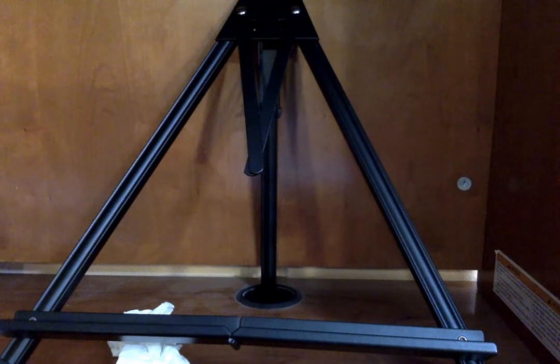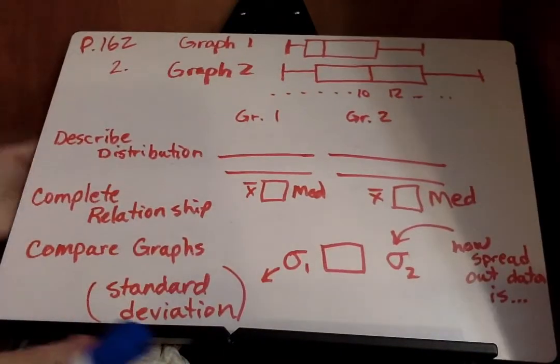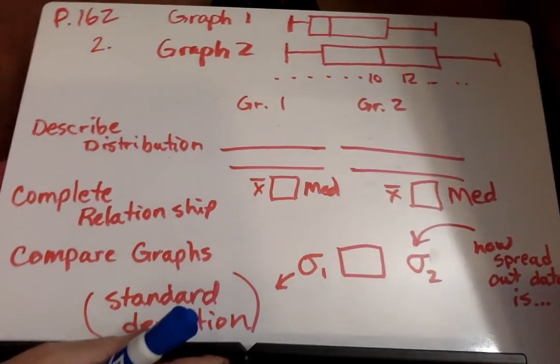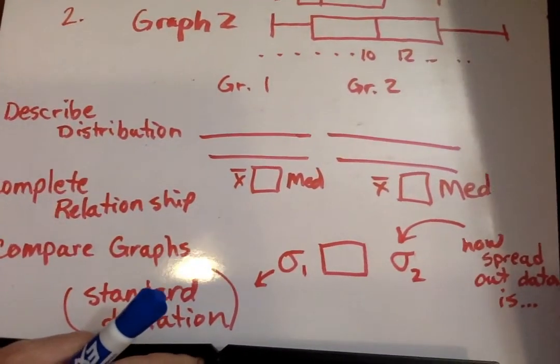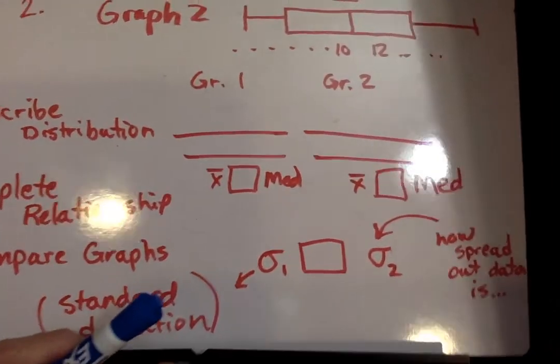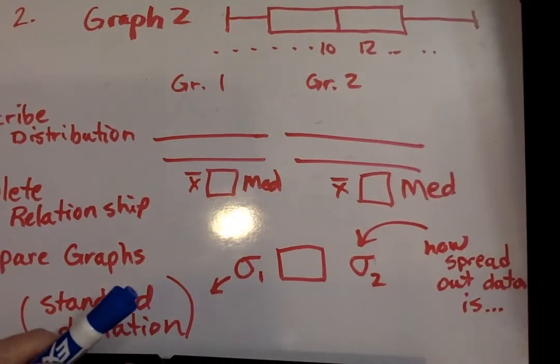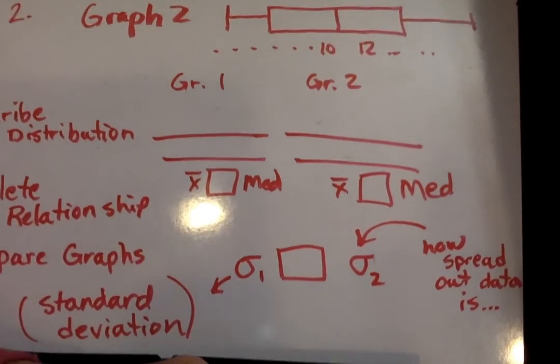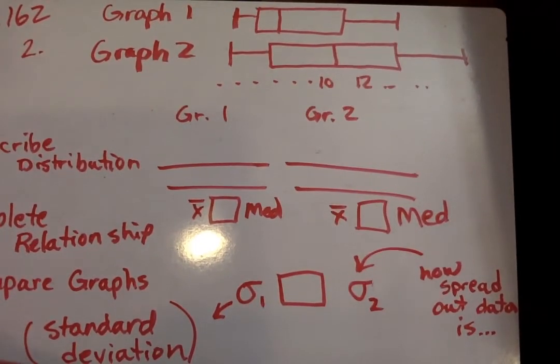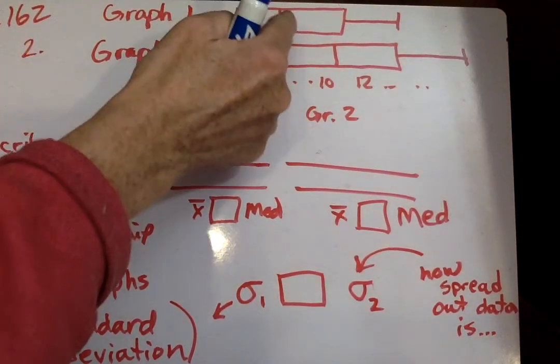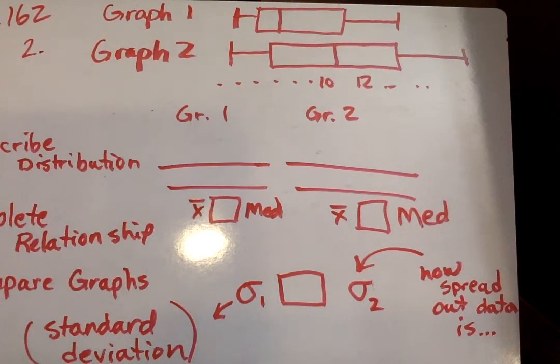One last one here. Okay, right here. Okay. Now you have graph 1 and graph 2. This is page 162. Now we're going to describe the distribution. Is it centered? No, that one's not central, so it's not symmetric.